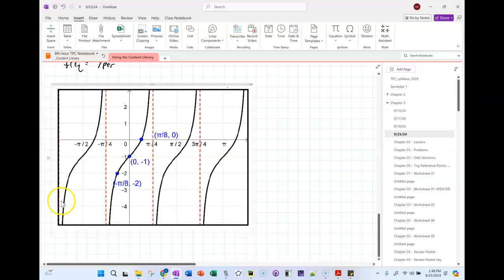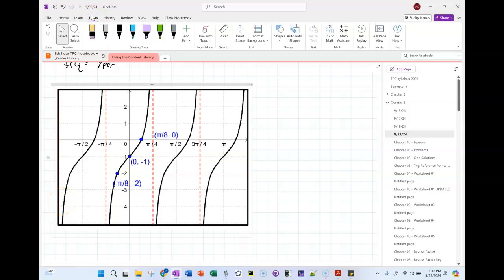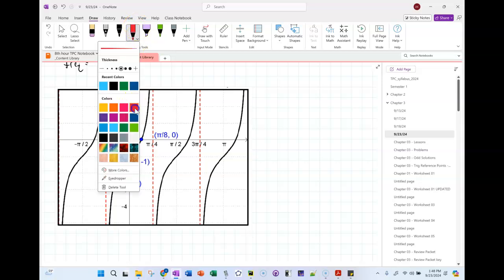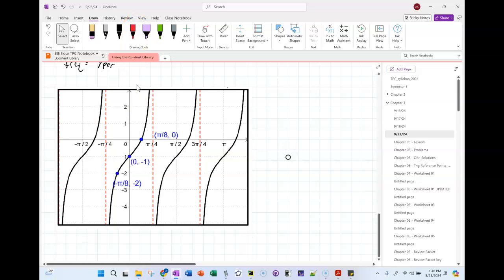Here's our picture, here's our graph. This would be the same kind of format a homework, test, or quiz question would look like.